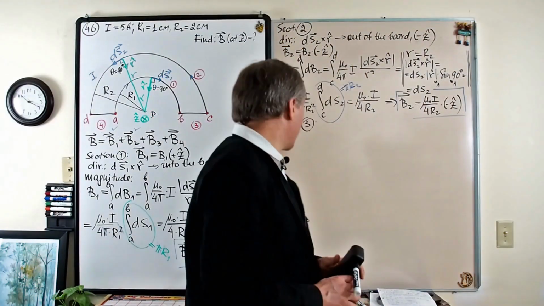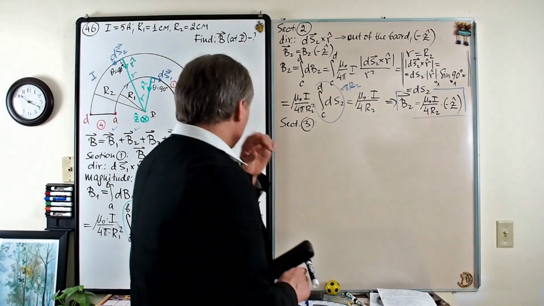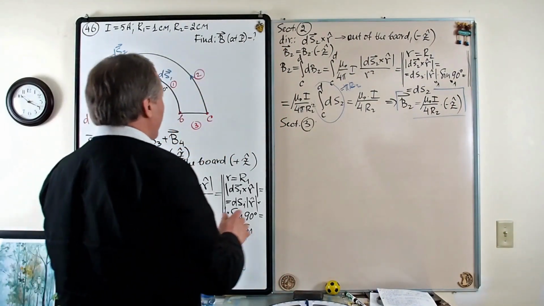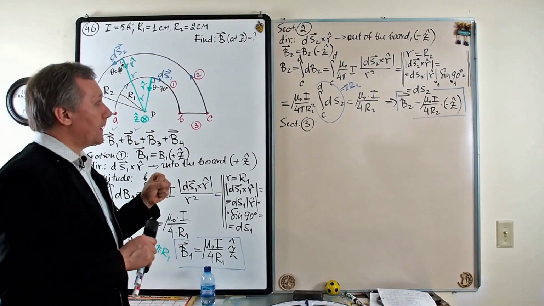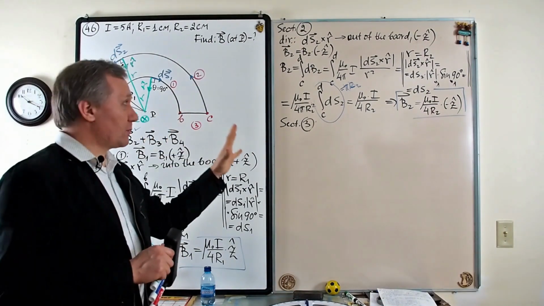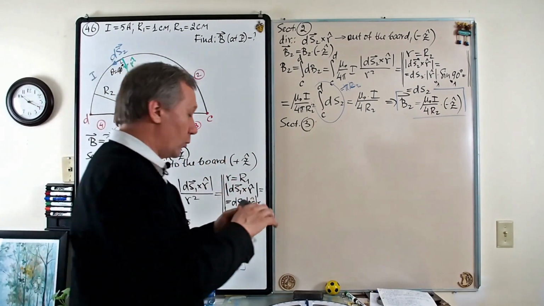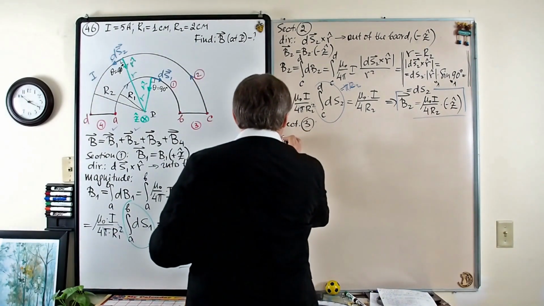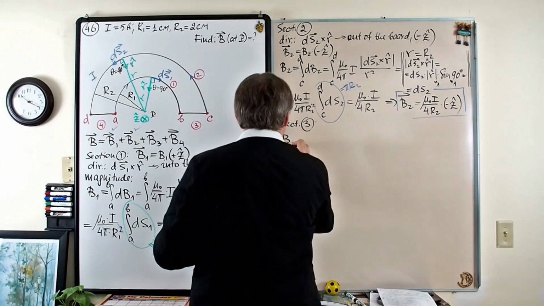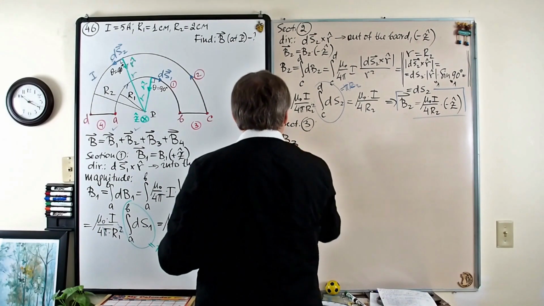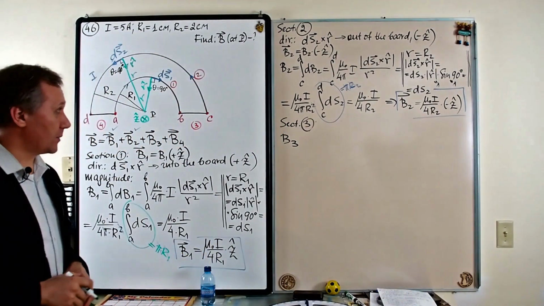Okay, now let's do section 3 in a very similar way, right? And you know what? I will just write down the absolute value of, and you will see why. So magnetic field b sub 3.